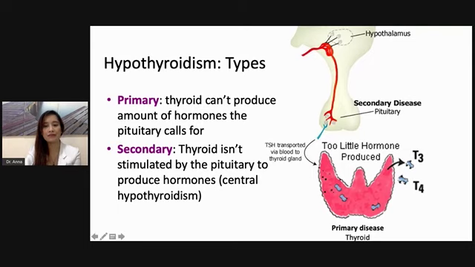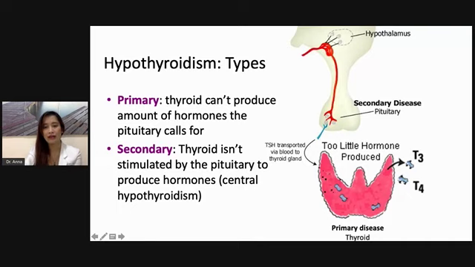In primary, it's the thyroid gland that cannot produce the amount of hormones that the pituitary calls for. Therefore, you will have low levels of your T3 and your T4. In secondary hypothyroidism, it's the pituitary, or sometimes it's the hypothalamus if it's central. Central, you can't demonstrate anymore whether it's pituitary or hypothalamus.